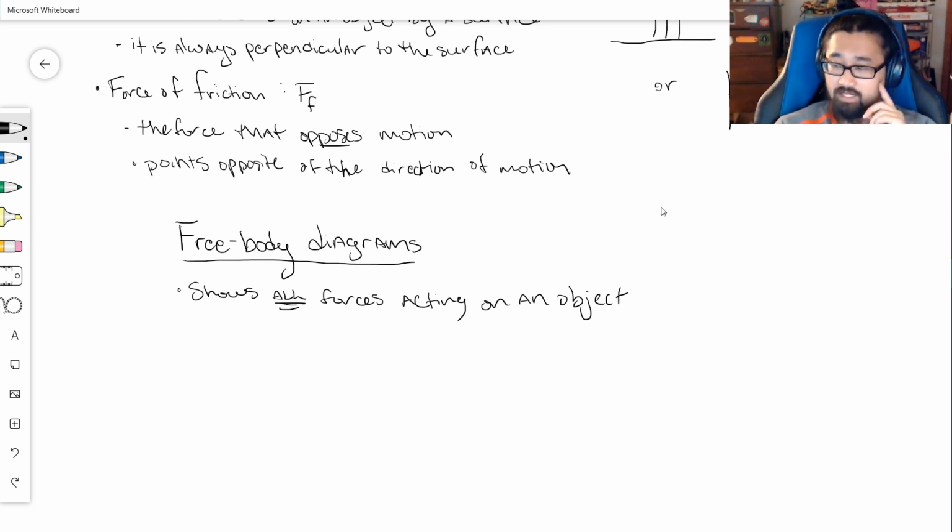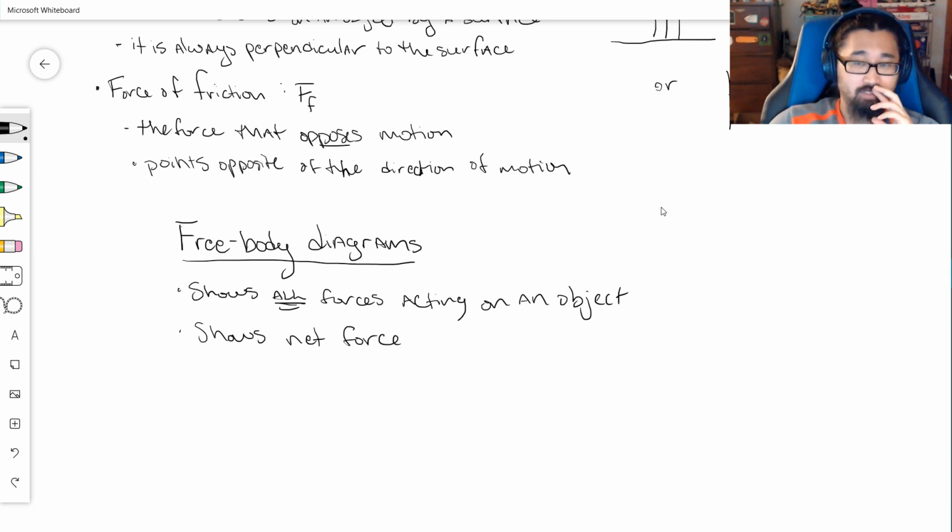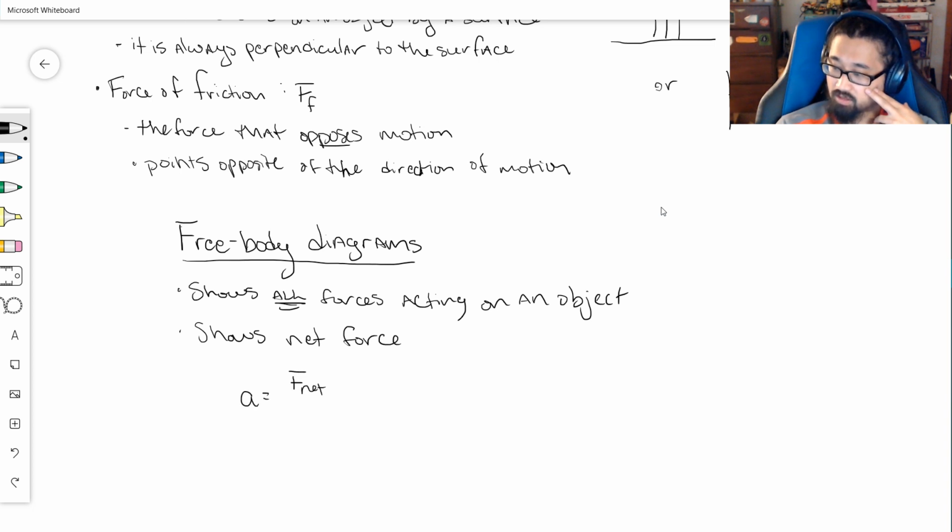All the forces acting on an object is what we call the net force. And if you remember from the reference table, Newton's second law equation looks like acceleration is F net divided by the mass. So this net force is all the forces acting on the object. The net anything is the total of all of those things. So the net force is the total force.